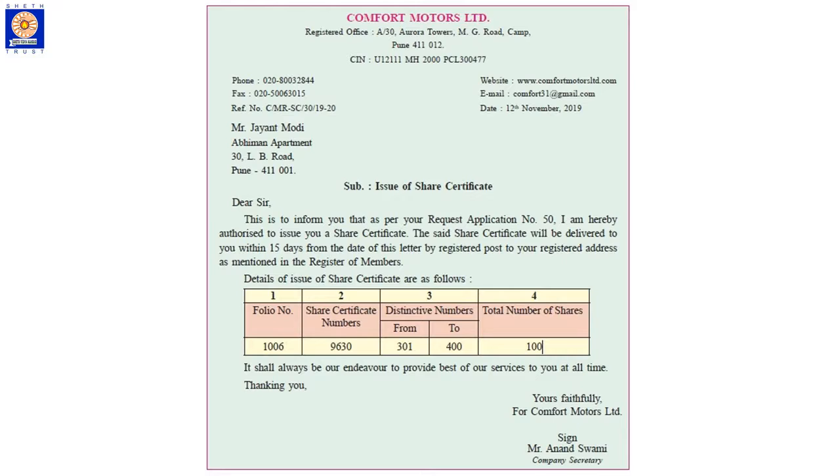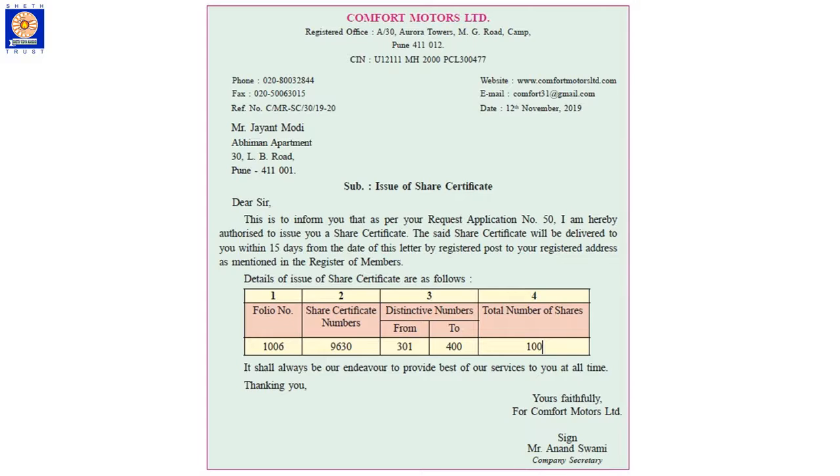So this is a letter written by a secretary to a member, and the name of the member you can see below the reference number on the left side. See, Mr. Jayant Modi. Now in this example letter or sample letter, Mr. Jayant Modi is a member, and we as a secretary are writing to him and informing him about the issue of share certificate.